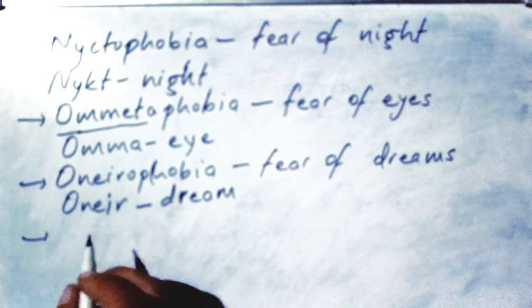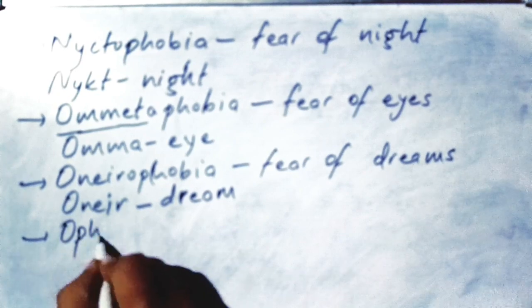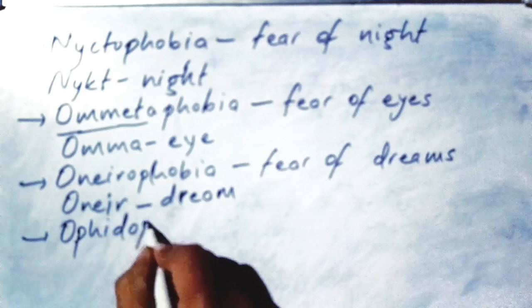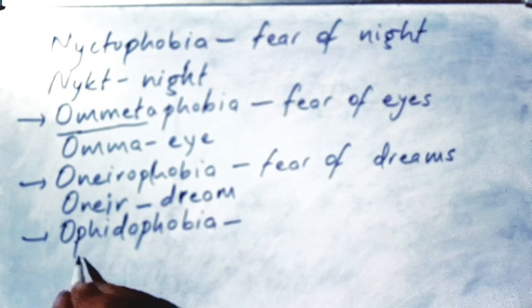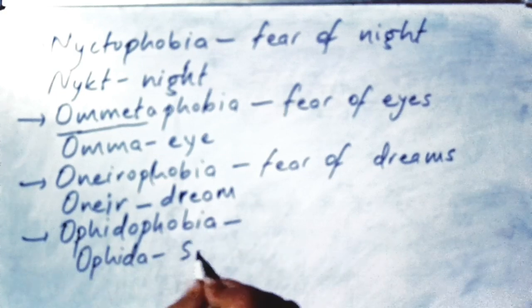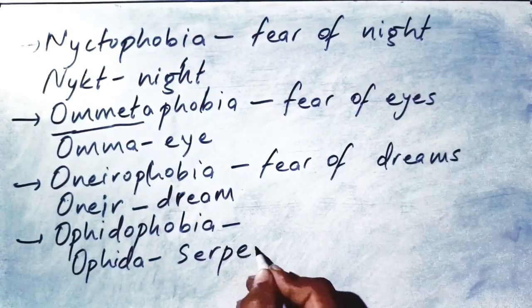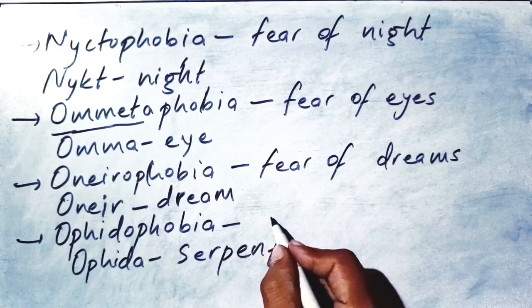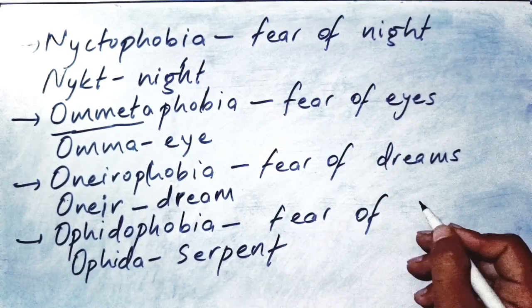Next, Aphidophobia. Aphido roots to aphida, meaning serpent. Thus, aphidophobia means fear of snakes.